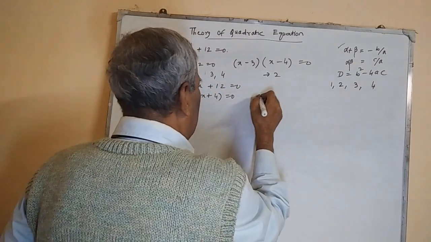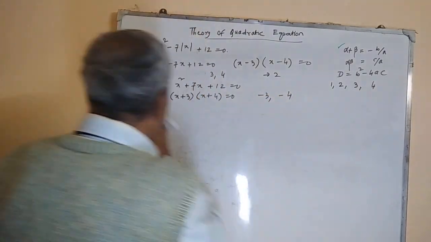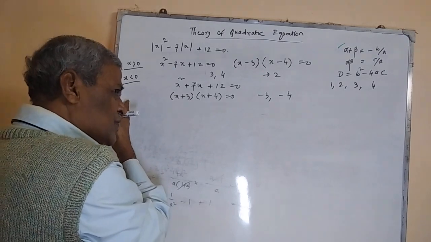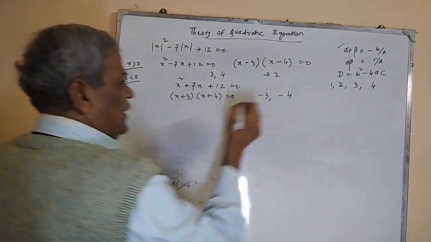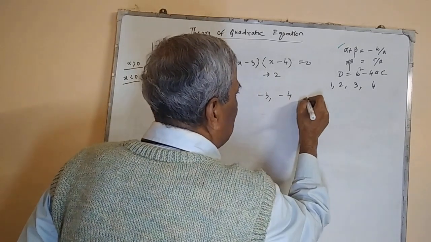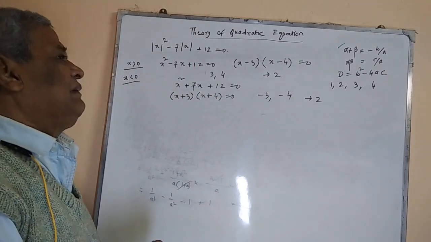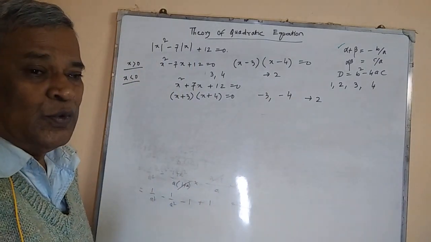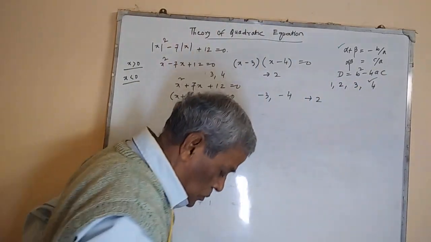So roots are minus 3 and minus 4. Both are negative, and we have taken the case when x is negative, so this is a valid answer. So in this case, there are another two roots. So the equation, though it is quadratic, has four roots. So option B is correct.